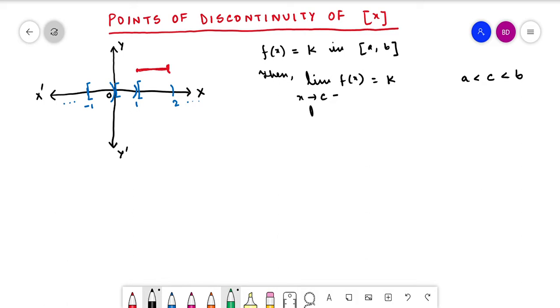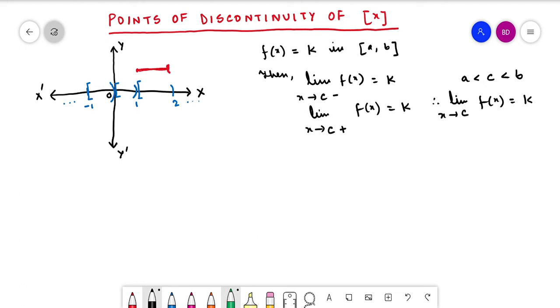So the right hand limit also, that is as x tends to c from the right, f(x) will also be k. In other words, since left hand limit equals right hand limit, the limit as x tends to c of the function will be equal to k, because this is a constant function always having the value k.